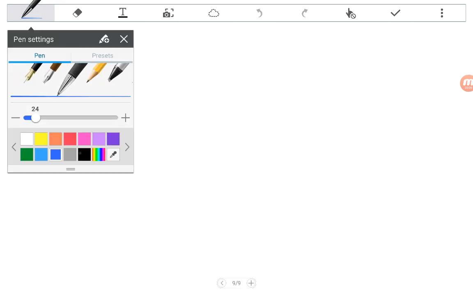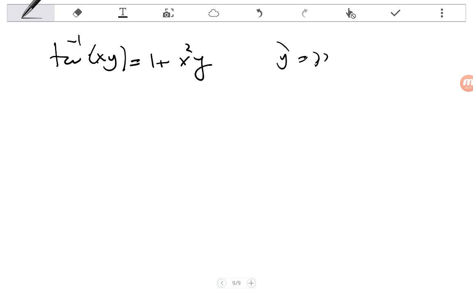If I have this expression and it tells me find the derivative of that, or find y dash: tan inverse of xy is equal to 1 plus x squared y. What is y dash? This is implicit differentiation. Have you noticed that this is implicit? Why?